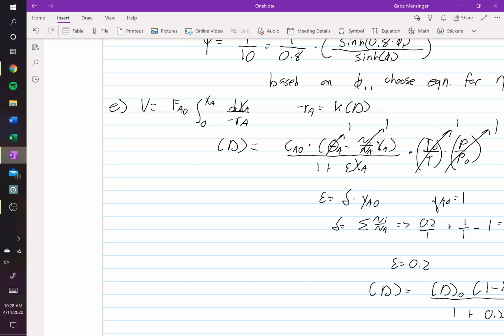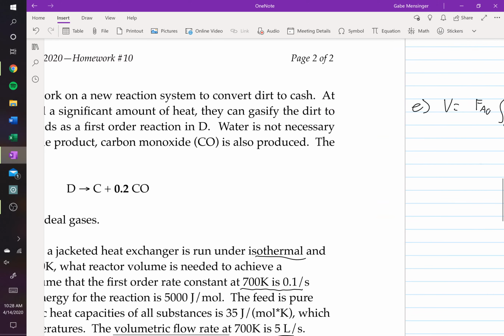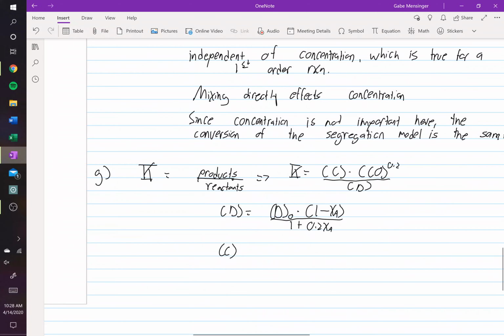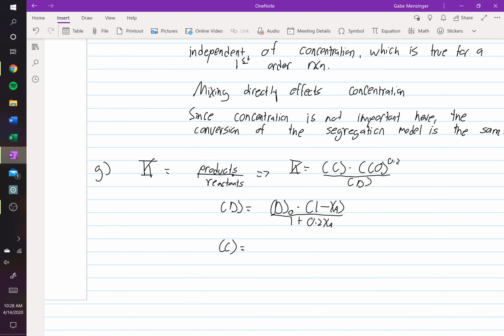The ratio of the nus is going to be 1 because for C and D, it's 1 to 1. Epsilon remains the same, 0.2. So we can get the concentration of C is equal to D naught times XA over 1 plus 0.2 XA.